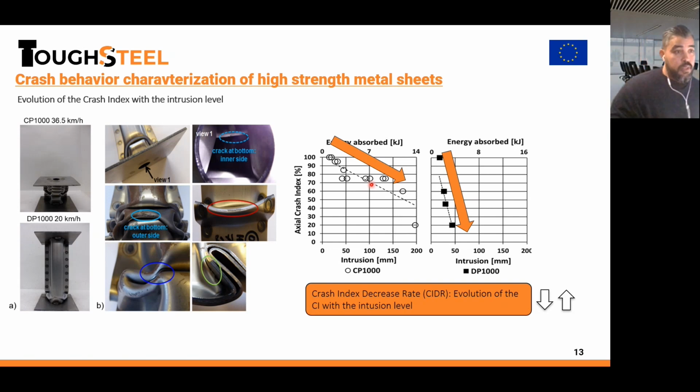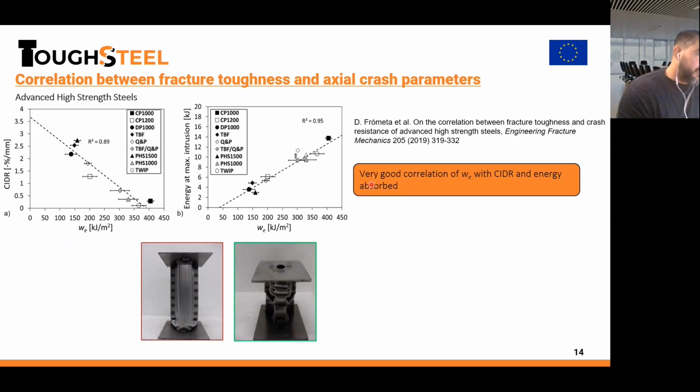Okay, so after defining this new parameter, what we did was to compare this crash index decrease rate with fracture toughness, which I measure here by means of the essential work of fracture. This is the specific essential work of fracture. And what we could see, as expected from this fracture behavior, is a very good linear relationship between the essential work of fracture and the crash index decrease rate.